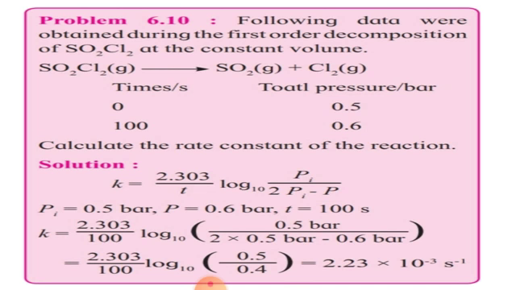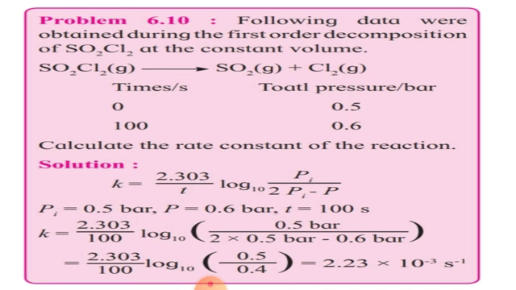Here the volume is constant. The reaction has been given: SO2Cl2, which is in gaseous state, is converted into SO2 plus Cl2. We are getting two different products, both in gaseous state.